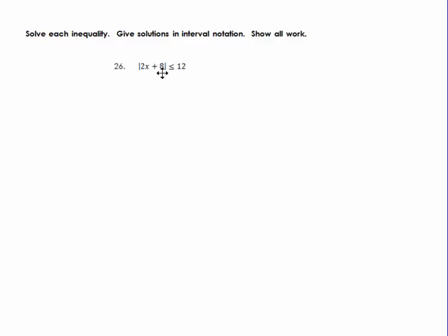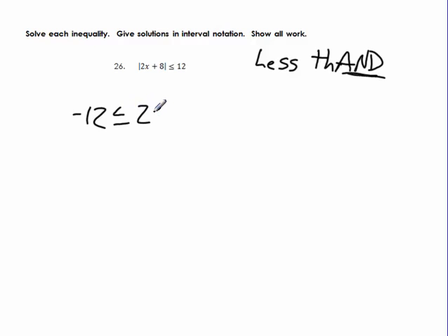So, just as a reminder, I like to do this sometimes. Here it tells me I have an and compound inequality. For the and compound inequality, since it is positive, I start with negative 12 is less than or equal to, and then everything on the inside, 2x plus 8, which is less than or equal to the positive version of 12.